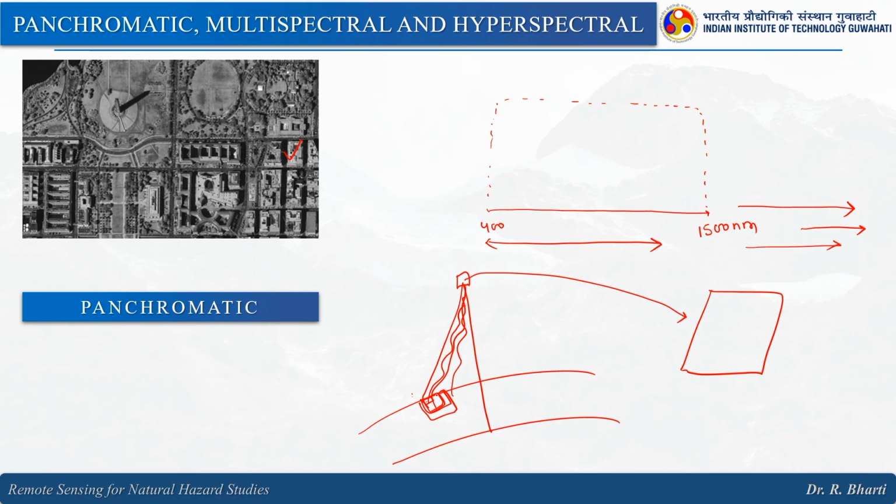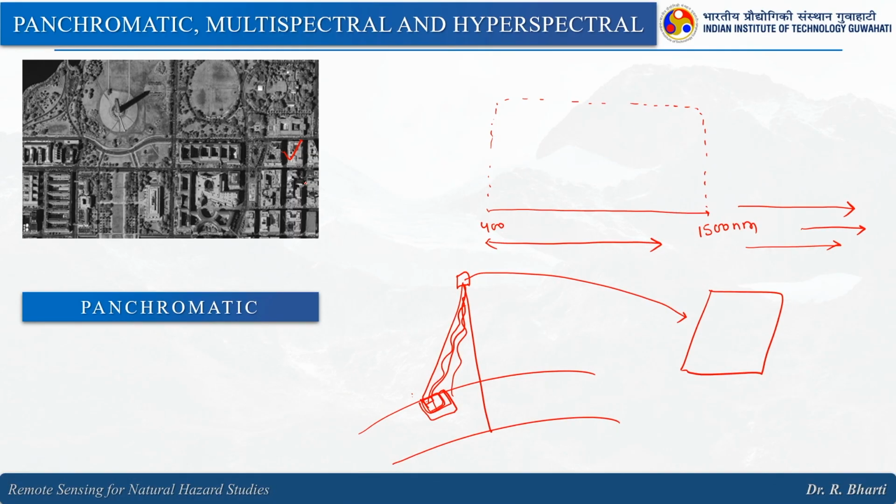That is the difference between panchromatic and the other types, because in panchromatic we are using the shorter wavelength region, which has high energy, and a smaller portion of the ground can produce a sufficient amount of reflected or emitted energy to travel through our atmosphere to space and be captured here. When we have a smaller size representation on the ground, you will be able to see more information in your image. So that is panchromatic. Panchromatic is one image.